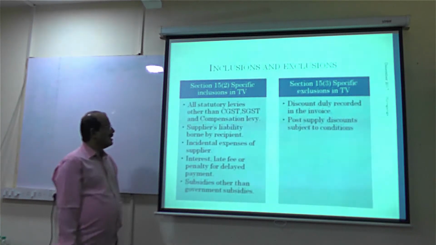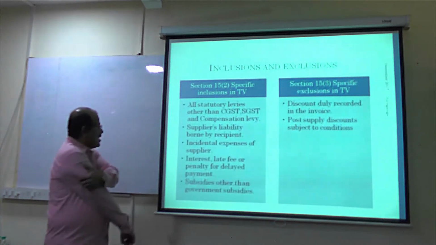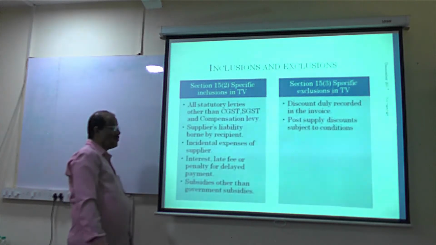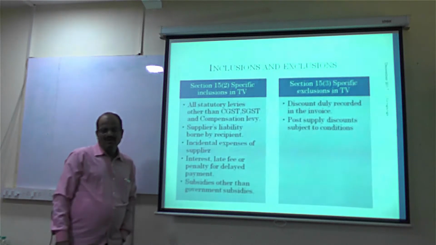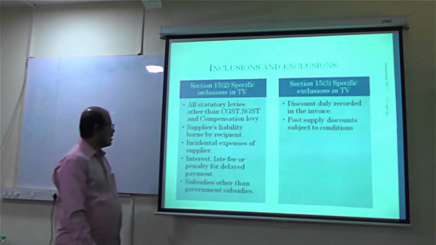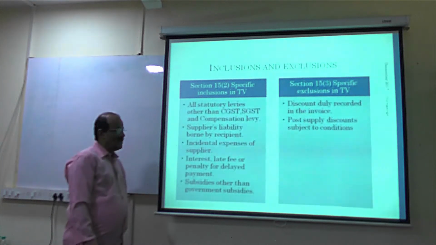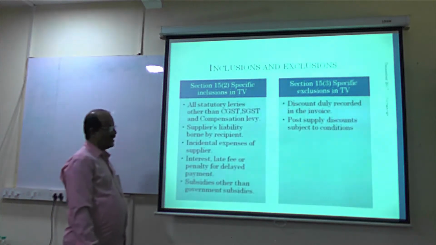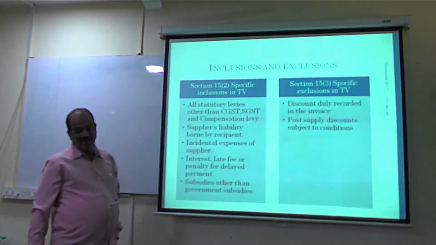That is why the section specifically provides that if the recipients bear some expenses which in the normal course would have been borne by the supplier, such liability has to be included in the value for the purpose of arriving at transaction value.